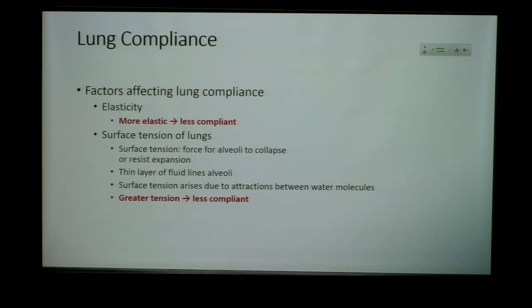Now this great surface tension created in that situation makes the lungs less compliant, right? More surface tension equals less compliance. And what do we do to combat that? What decreases the surface tension? This is something we kind of mentioned earlier. What breaks up those interactions between those water molecules?